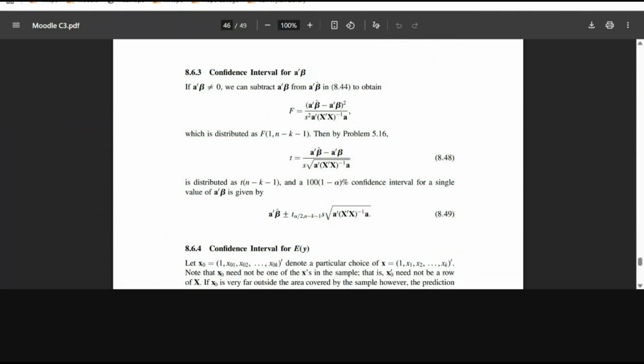Oh, okay. Nice. What does that X matrix look like? Okay.